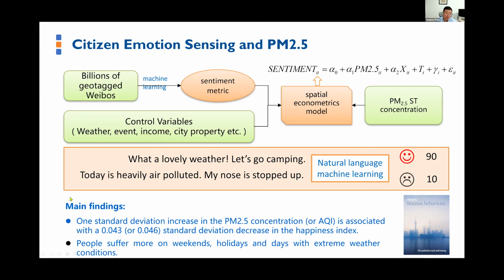There are some main findings. For example, one standard deviation increase in PM 2.5 concentration is associated with a 0.43 standard deviation decrease in happiness score, and there is heterogeneous impact among people and geographies.